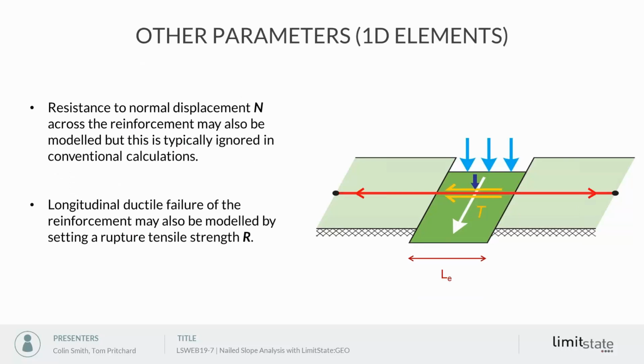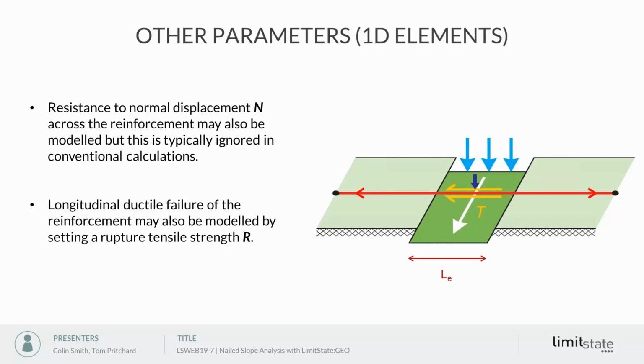There are other parameters that we can use in the software. I'm not going to go into them in great detail, but if a block of soil slides past some reinforcement, it will have a shear component and a normal component of movement. In conventional calculations, we are only concerned with the shear component, and generally the normal component of resistance is ignored.